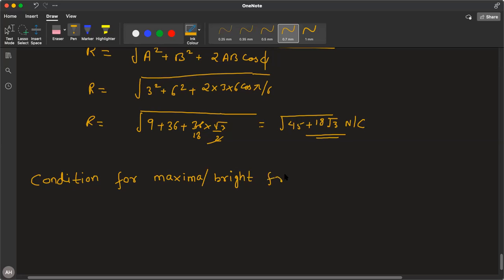We need the condition for maxima or bright fringe. Or you can also call it constructive interference.